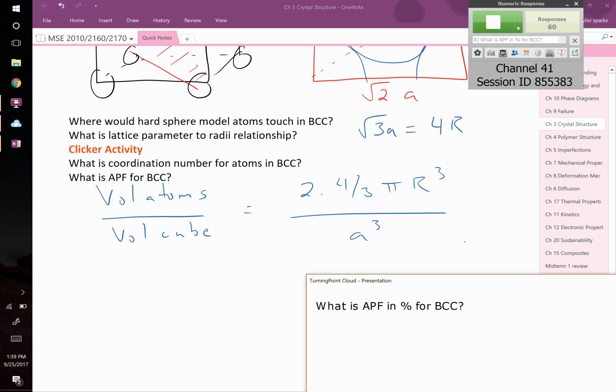Is the atomic packing fraction always listed as a percentage or decimal? You can do it either way. It's usually a percentage.